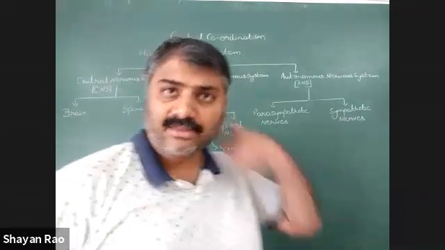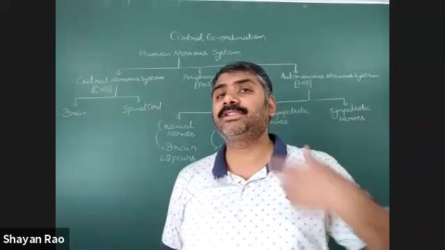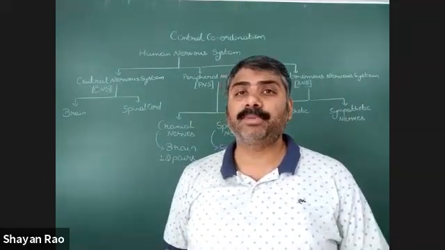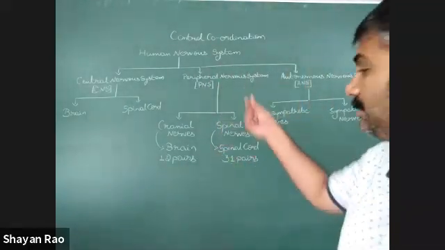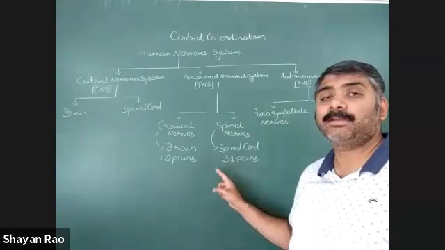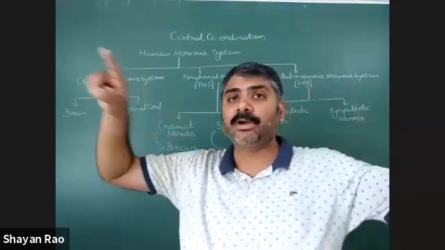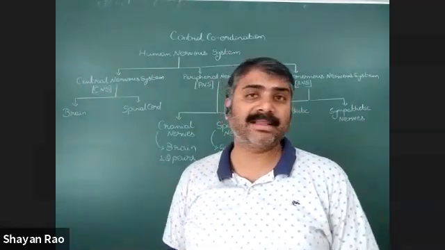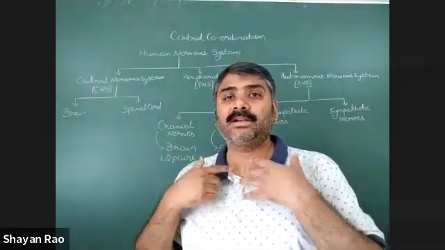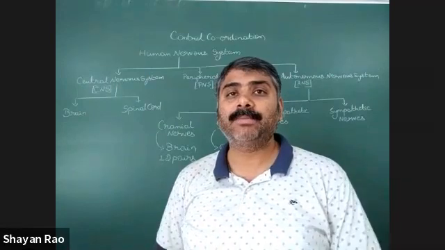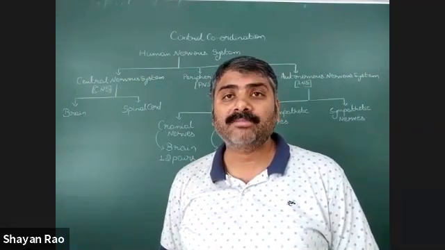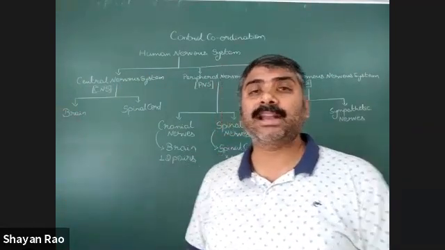The entire length of the spinal cord, from the neck region till the back part, the hip region, gives out 31 pairs of spinal nerves, which are ultimately connected to our thoracic cavity, abdominal cavity, lower limbs and upper limbs.